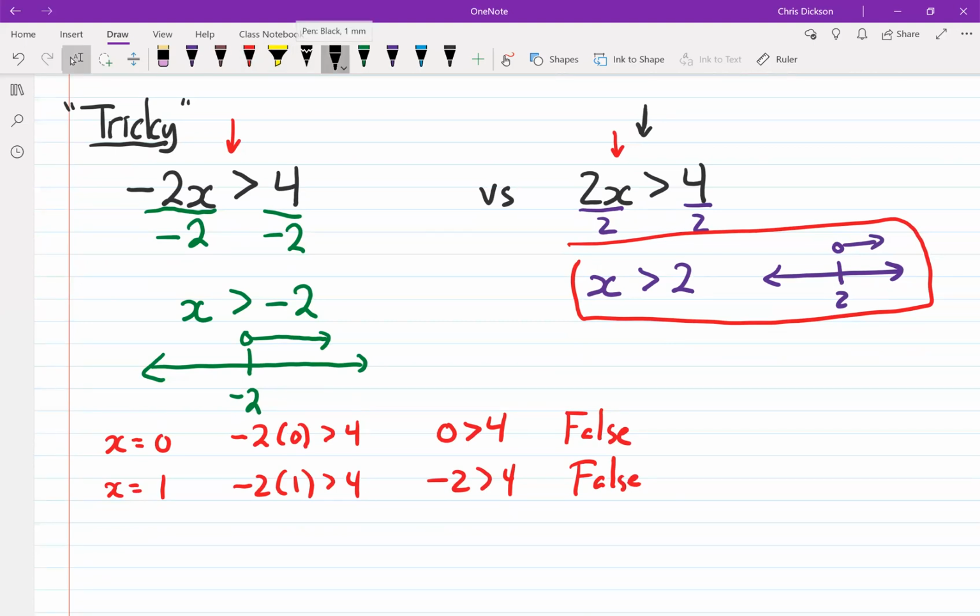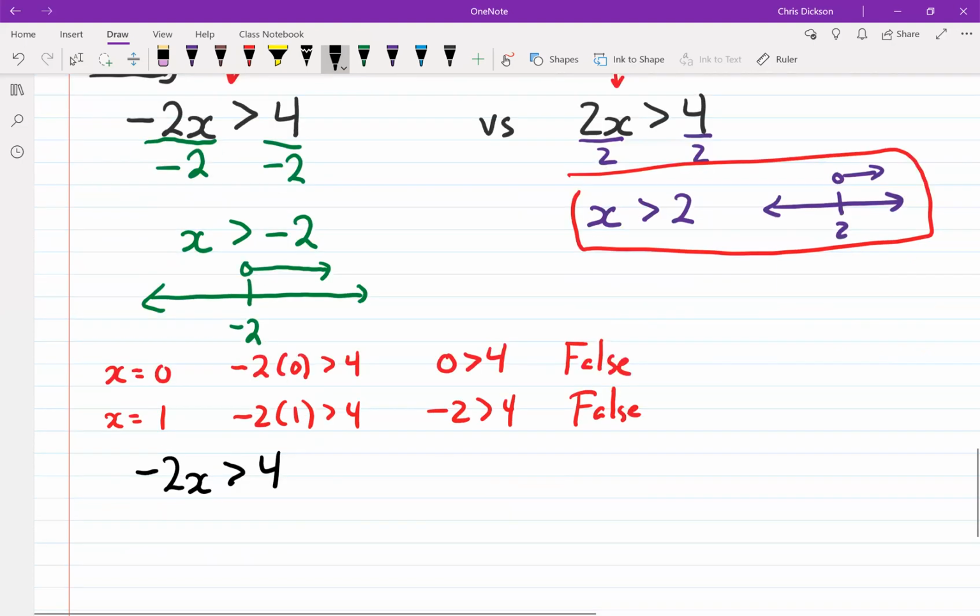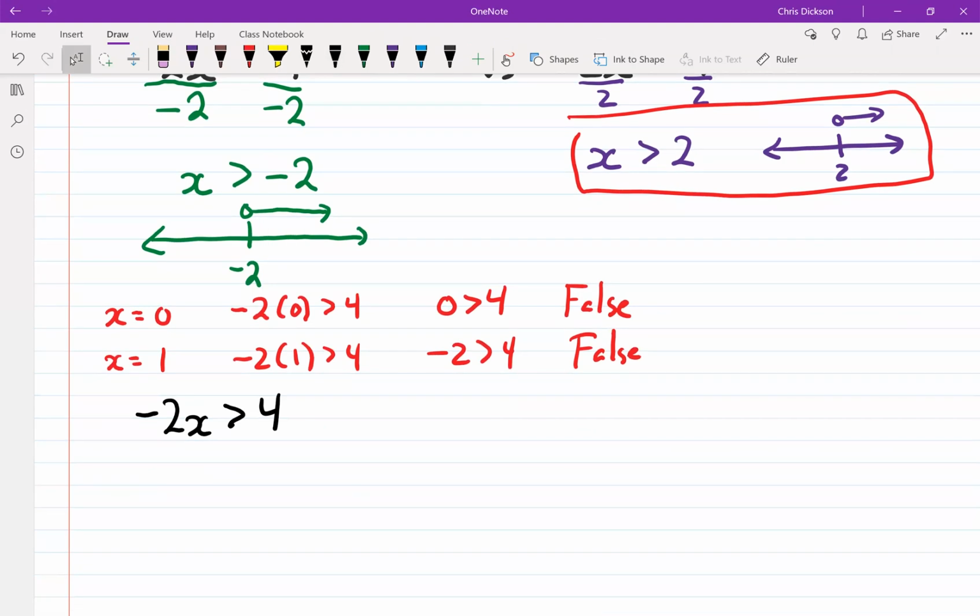Let's try this. Let's just rewrite that question. Negative 2x is bigger than 4. Now, instead of using the multiplication property, that is timesing by negative a half or dividing by negative 2, let's use the addition property. What I'm going to do is move my x's to the other side. So I'm going to add 2x to both sides.